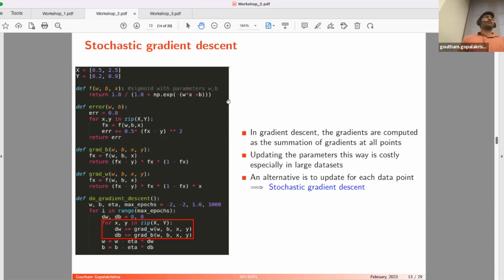But the problem is that it's a very noisy estimate of the gradient. The best estimate of this gradient is to see 1 million observations and then compute the gradient. That's the best you can do, but that's slower. So stochastic gradient descent is basically computing the gradient for each observation. That's why it's stochastic.